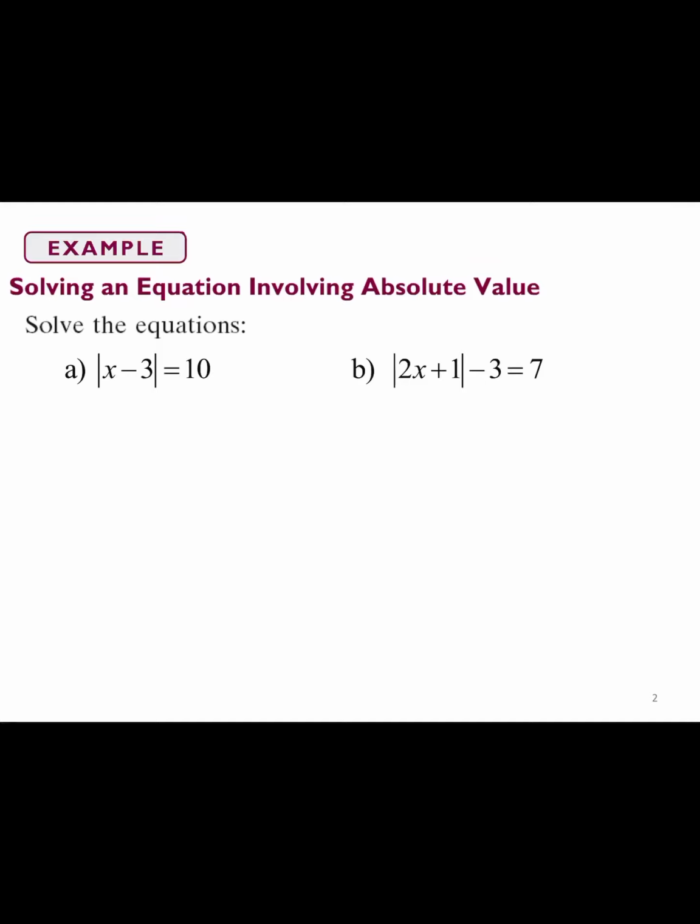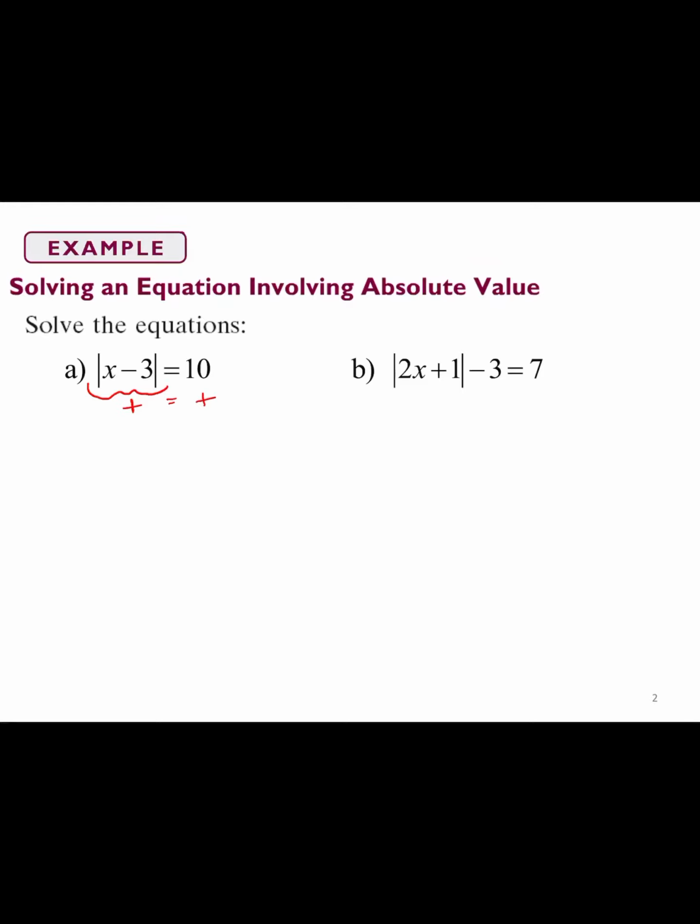Alright, let's move on. Now, when solving absolute value equations, you want to first ask yourself, is the absolute value by itself on one side of the equal sign? Yes. Now, if it is, next thing you want to do is, I recommend doing a sign check. And what I mean by sign check is this whole thing, because it's in absolute value bars, we know that this whole thing is positive because that's the distance.